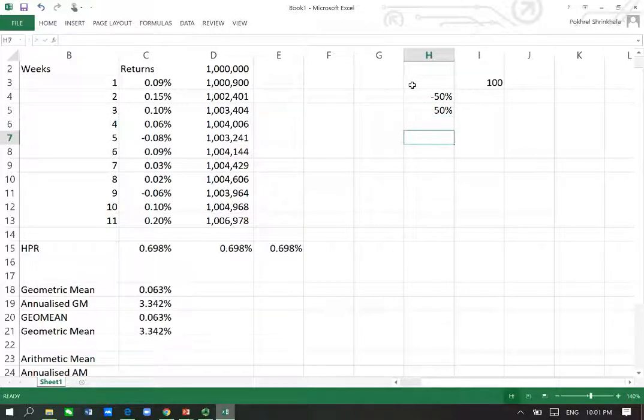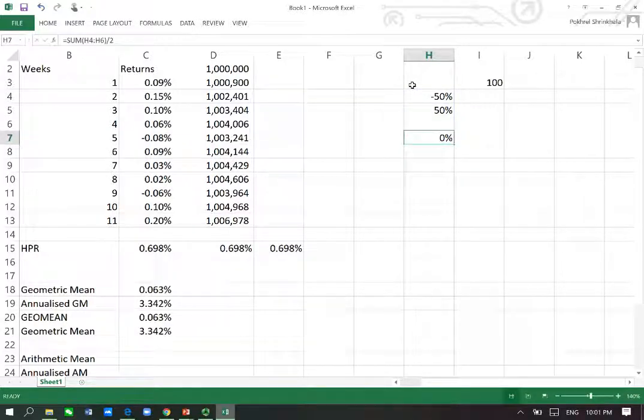So arithmetic average will simply tell us to add these two together and then divide by the number, which is 2.